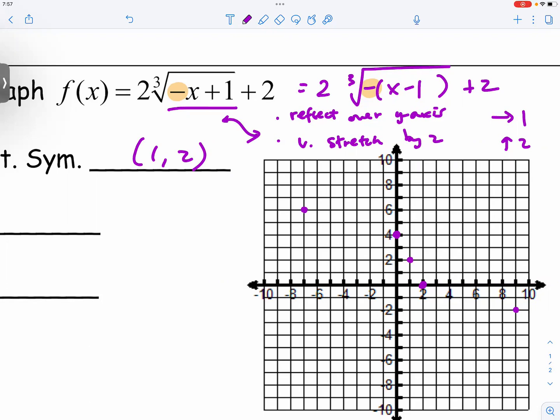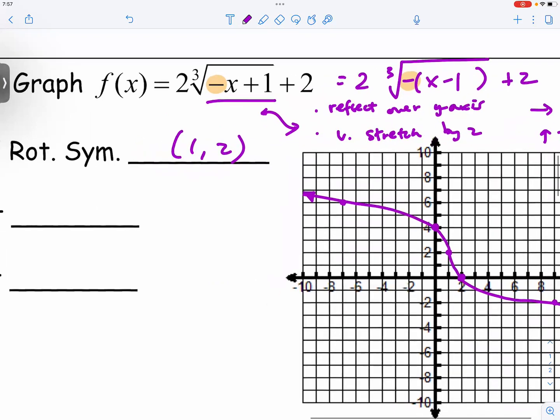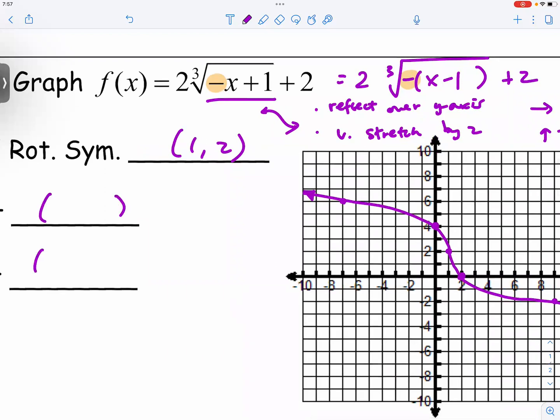So that's how you show a graph that it's vertically stretched and also reflected over the y-axis. And I think you should enjoy the writing of the x-intercept and the y-intercept because they are already on the graph.